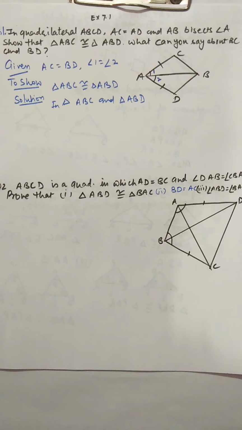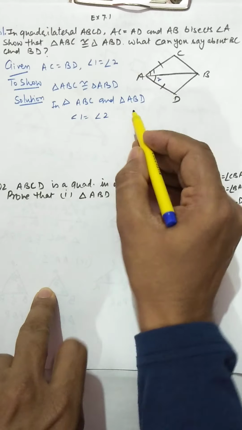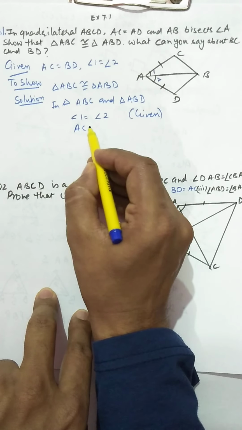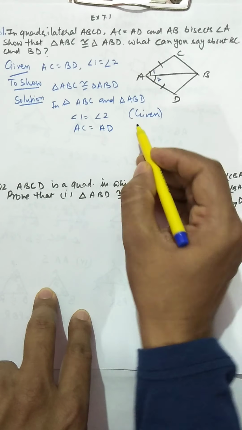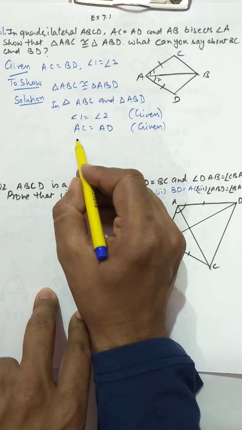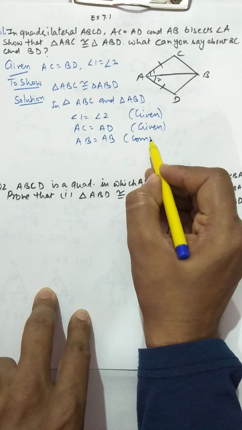ABD. You can see that angle 1 is equal to angle 2, this is given, and AC is equal to BD, this is also given, and you can see this AB is equal to AB, and now you can write this as common.